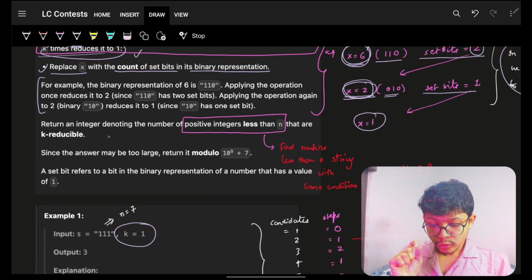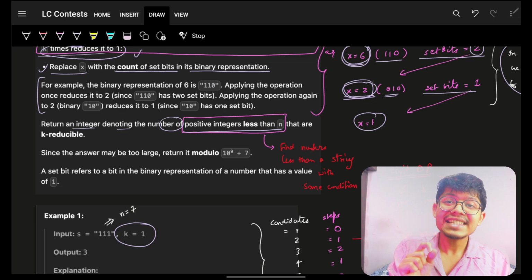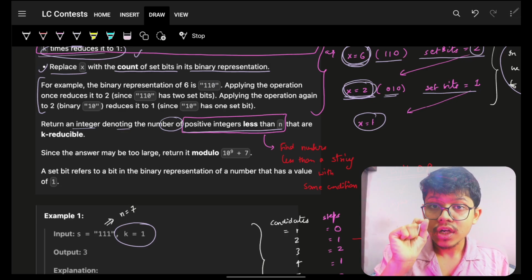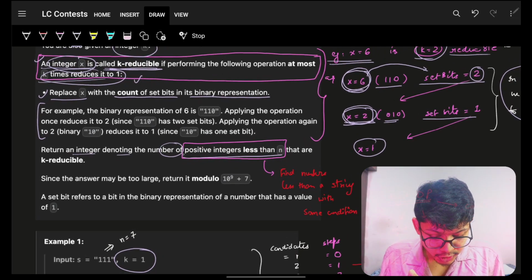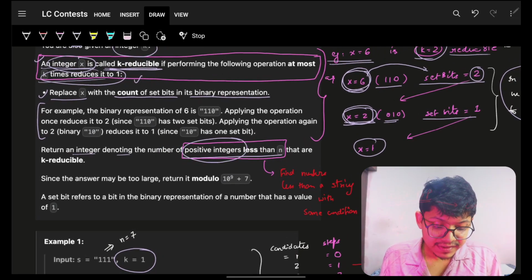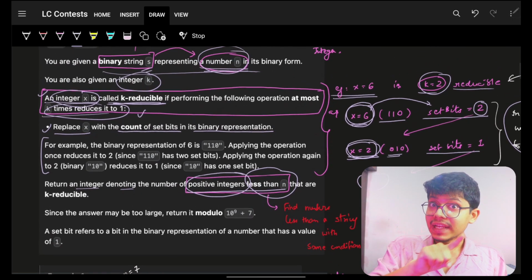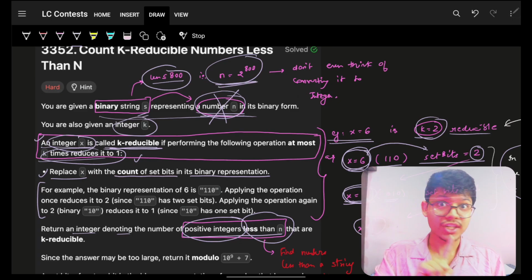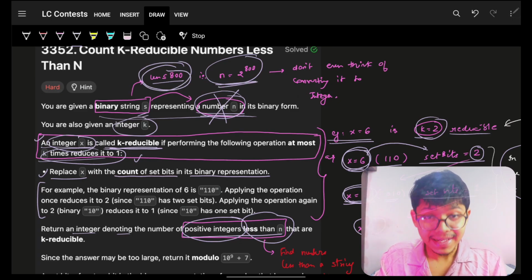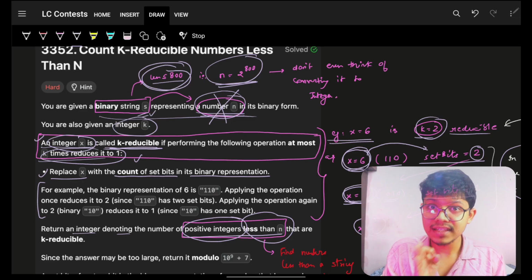Now you have to return an integer denoting the number of positive integers less than n. This should trigger something. I'm not saying AK-47, but it should at least trigger that you have to find positive integers less than n. And also in this case, you cannot convert your n to an integer. You have to keep it as a string itself, and that string here is a binary string.